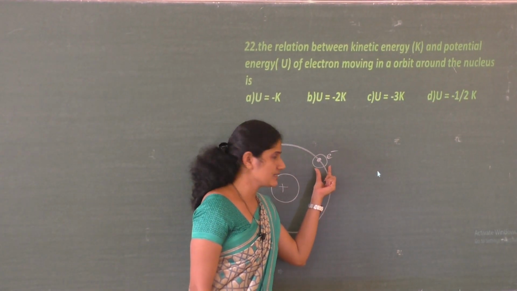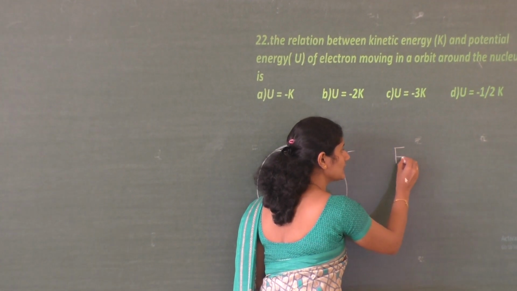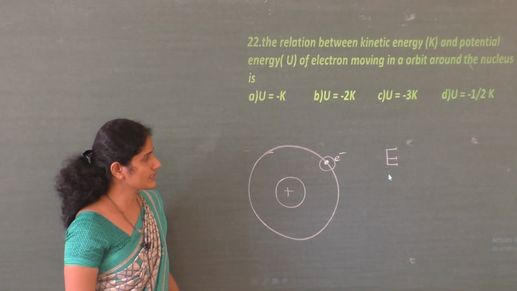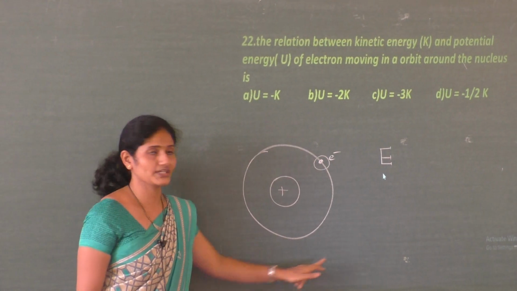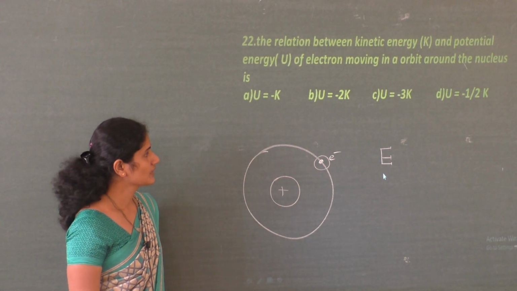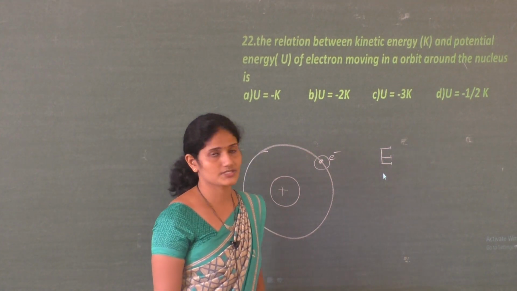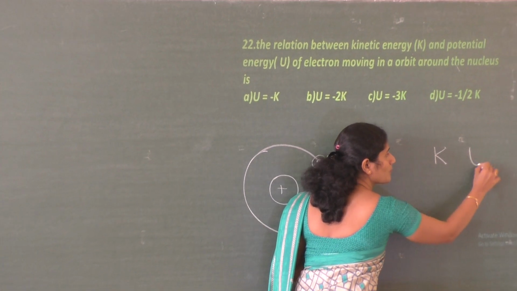Let E be the total energy of the electron. This total energy is divided into 2 energies, that is kinetic energy and potential energy.